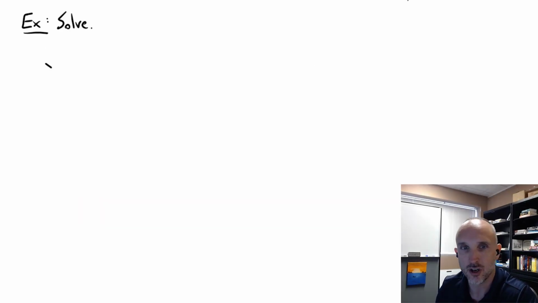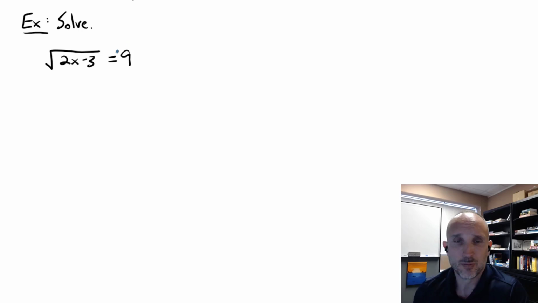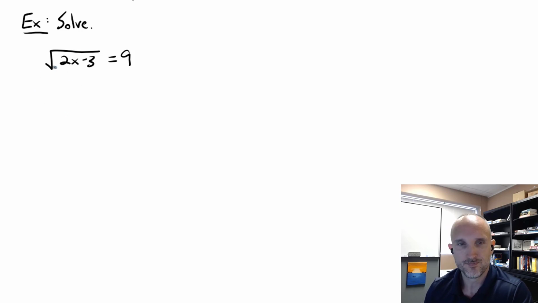Okay, let's try to solve the square root of 2x minus 3 equals 9. And the approach we're going to take to solving these equations is undoing the root. So the way to undo a root is to raise it to a power. The inverse of square rooting is squaring.